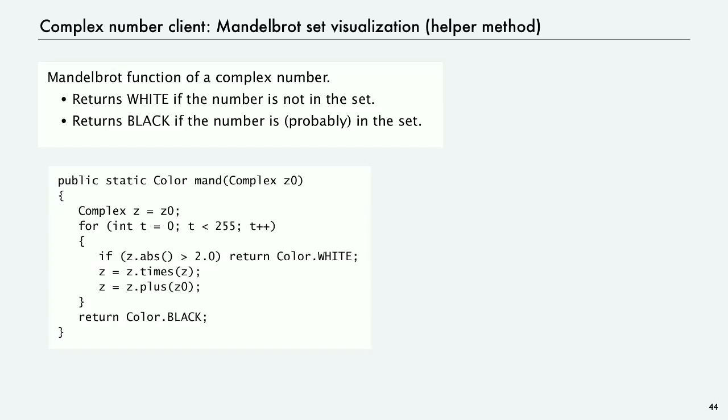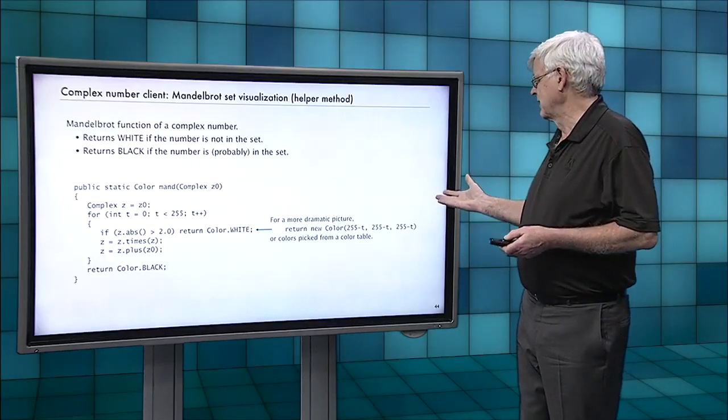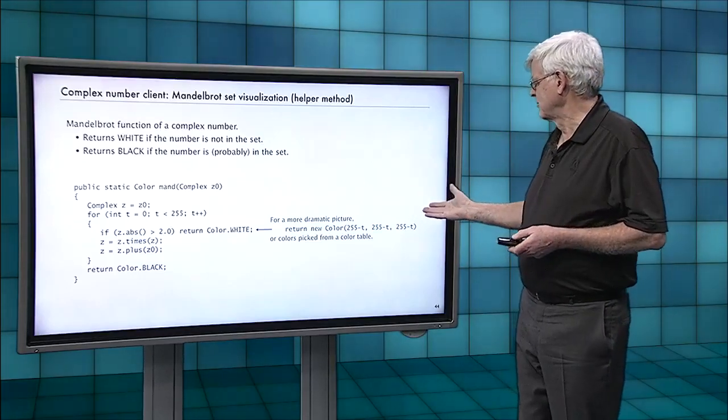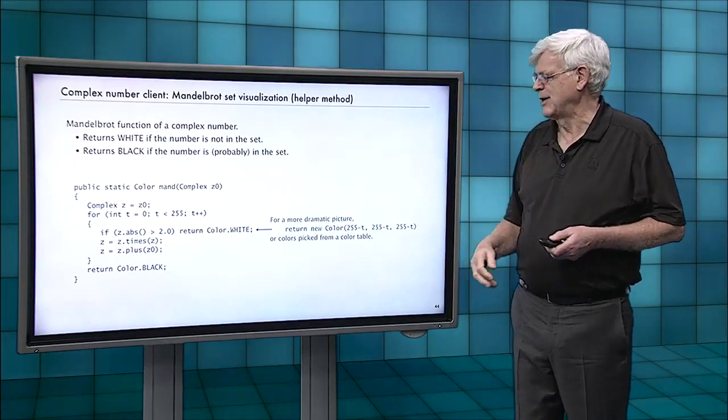So that's the function we're going to use to determine the color that we assign to any point or any complex number. In a minute we'll see you can get a more dramatic picture by using grays or colors picked from a color table. So if you want to do grayscale, you just return 255 minus t.